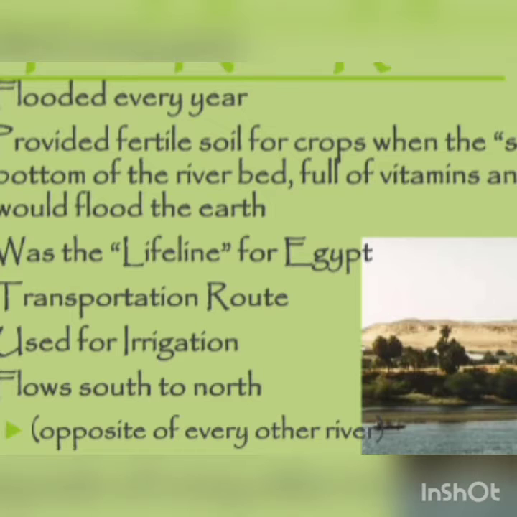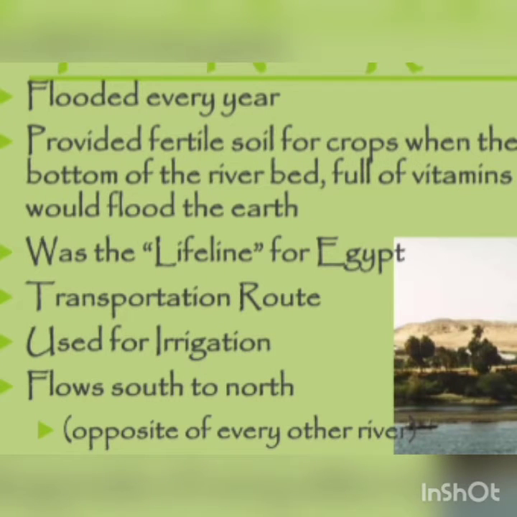So these silts were used. It was very fertile, so the farmers cultivated along the banks of the river Nile. Normally the civilizations ended their nomadic life and settled on the banks of rivers, right?